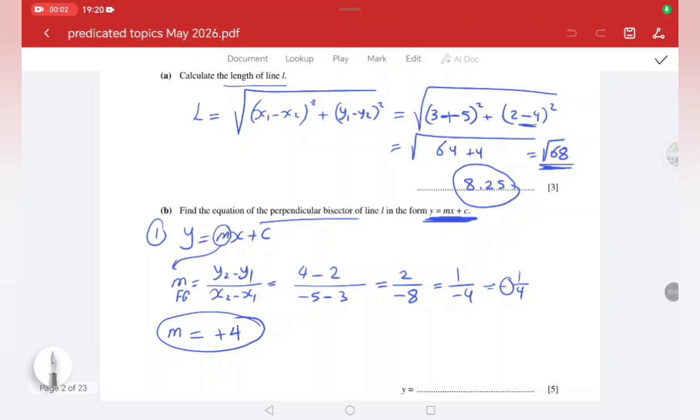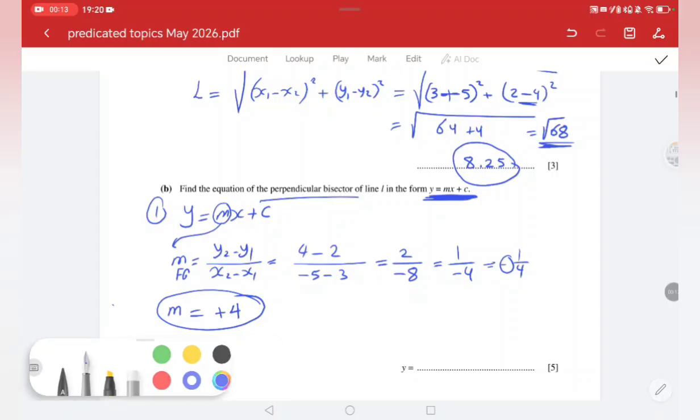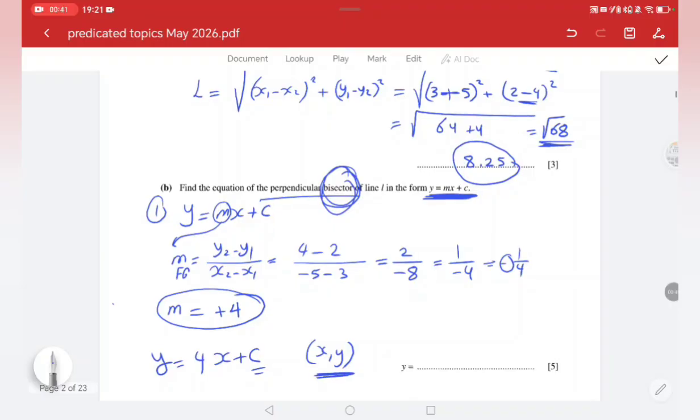After finding the gradient, now let's see what the equation will be. The equation should be y equals mx plus c. m is 4. How to find c? To find c, we need to substitute a point x, y. Here they said bisector. Since it's a bisector, it means the point I need to substitute is the midpoint.